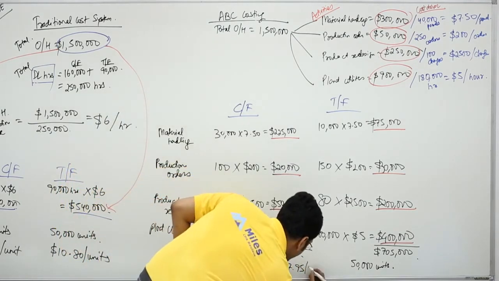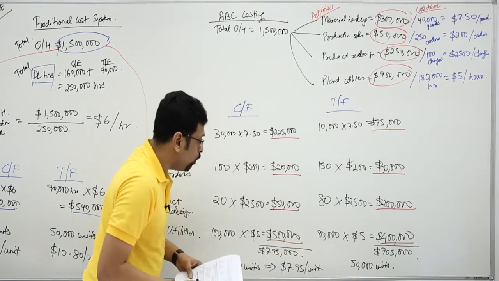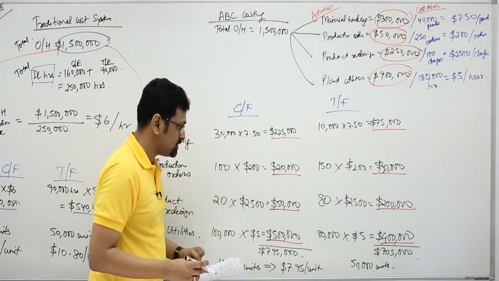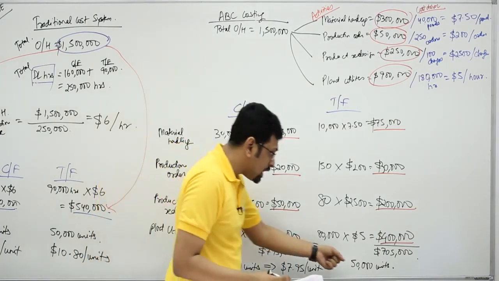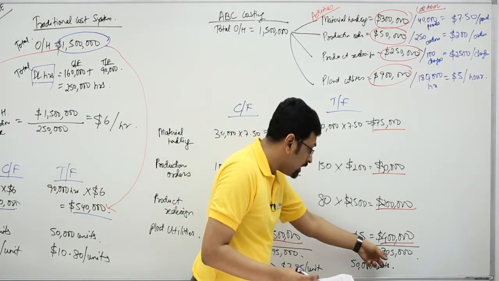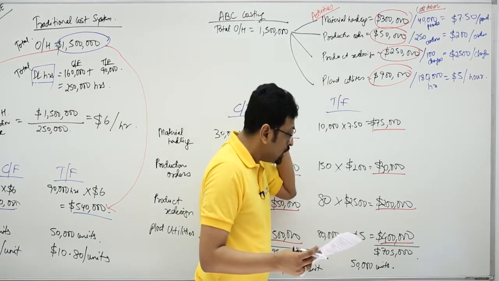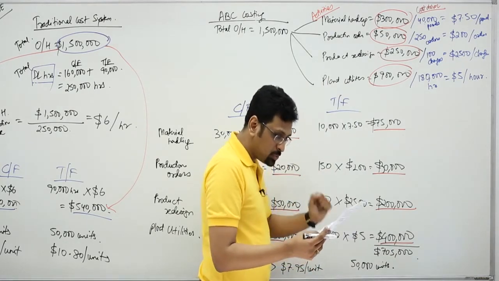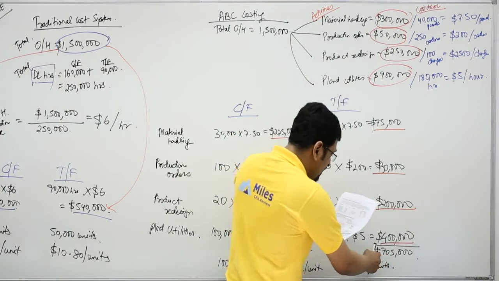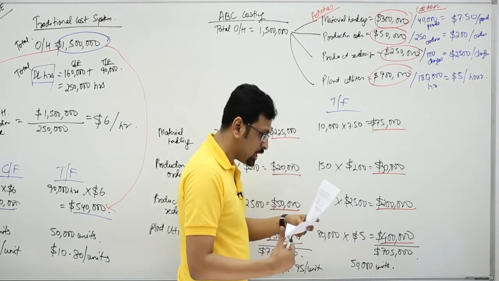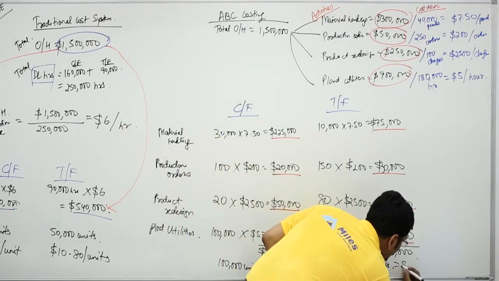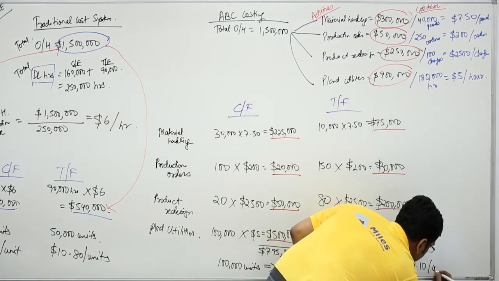So, $7.95 per unit of overhead allocated to ceiling fans. Table fans, you had 50,000 table fans being produced and a total of $705,000 of overheads allocated. So for every table fan produced, we would allocate 705,000 divided by 50,000, which calculates to $14.10 per unit.